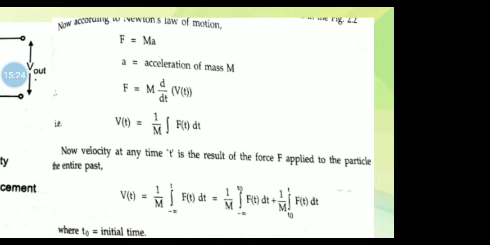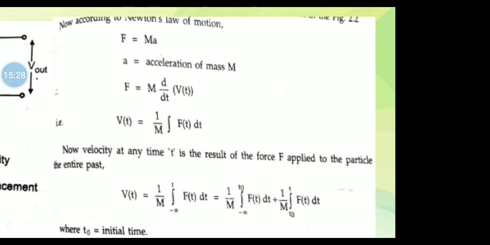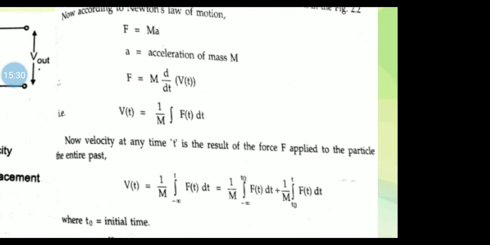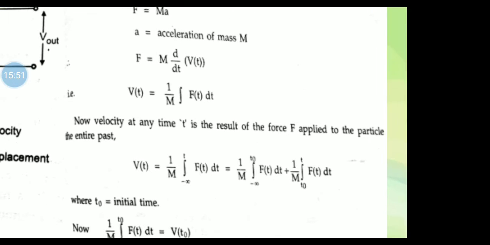Now velocity at any time t is a result of force F applied to the particle in the entire past. V of t is equal to 1 by m integration minus infinity to t f of t dt, which is equal to 1 by m integration minus infinity to t naught f of t dt plus 1 by m integration t naught to t f of t dt, where t naught is the initial time.